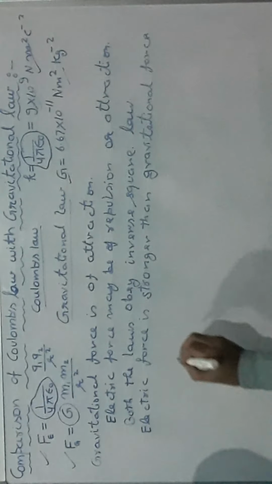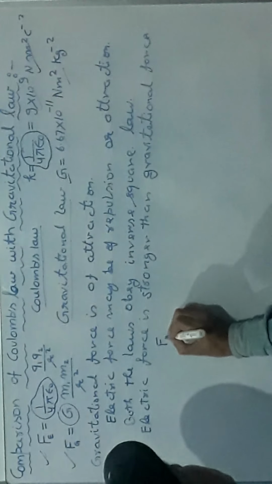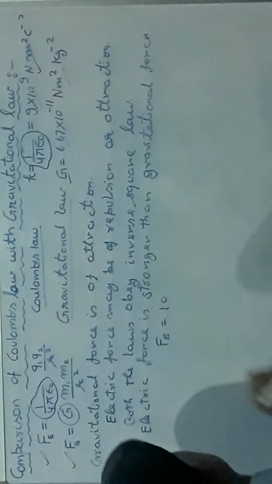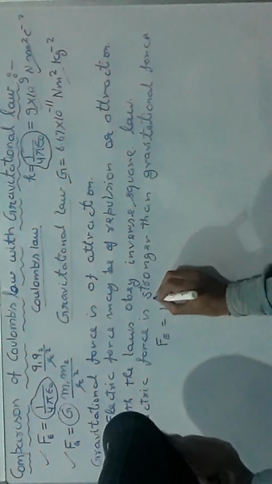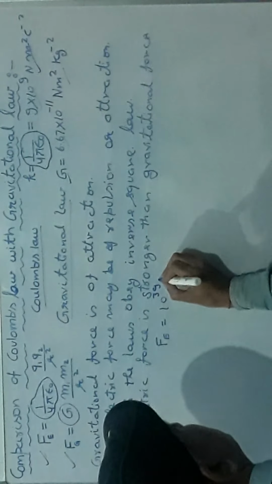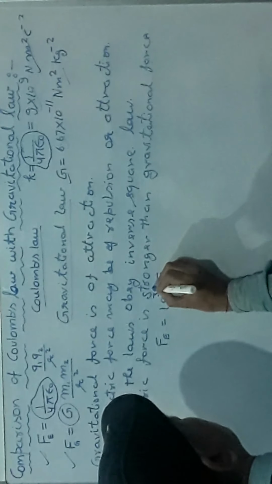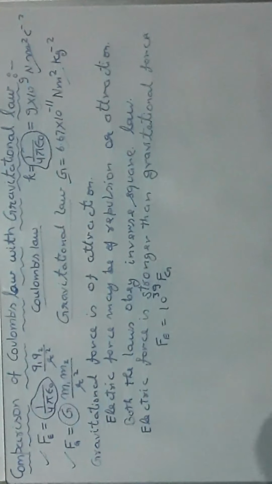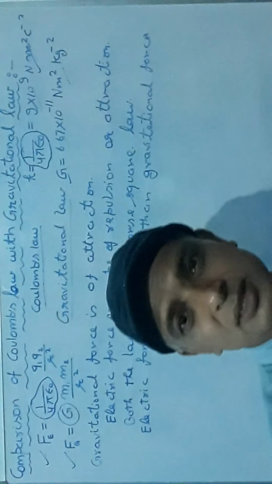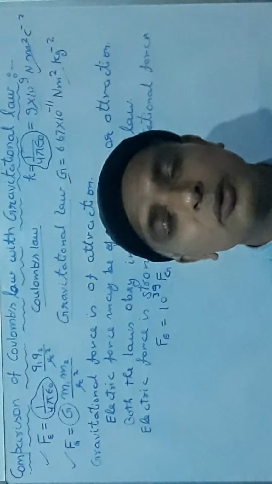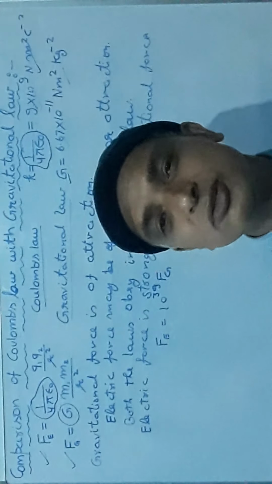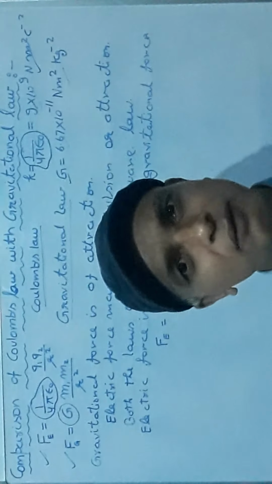Actually, it has been observed, and this is an important question for 1 mark. That question may be asked: what is the relation between electric force and gravitational force? That is Fe is equal to 10 to the power 39 Fg. You can compare how large this force is. It means the electric force is 10 to the power 39 times the force of attraction in the universal gravitational law. So you can say this force is very much stronger in comparison to the gravitational force.